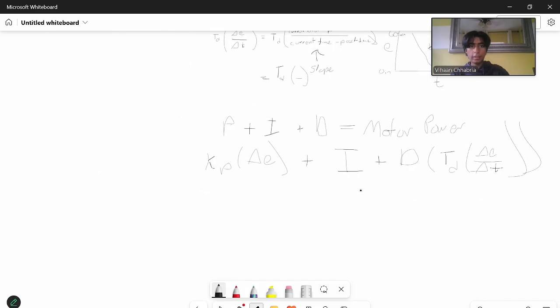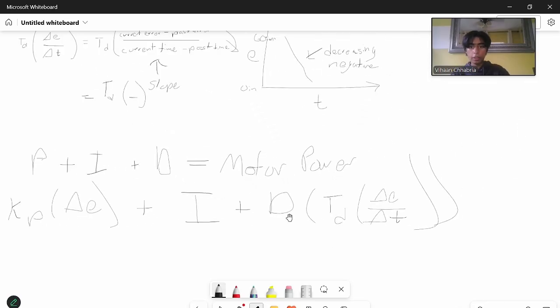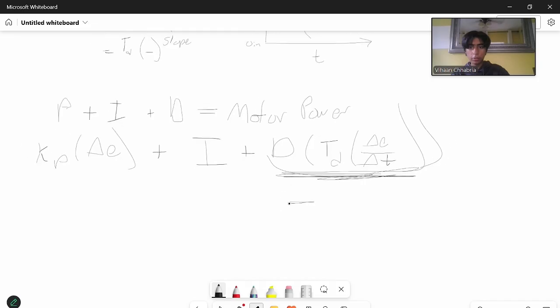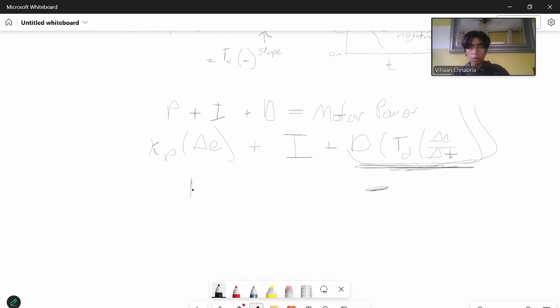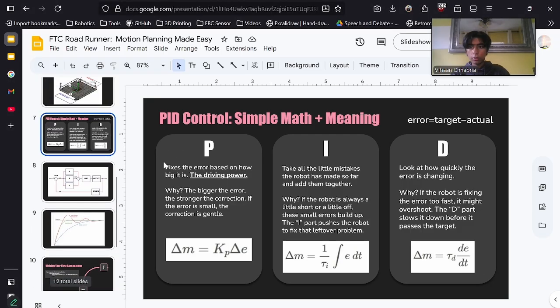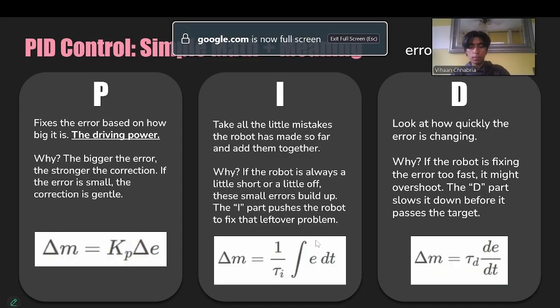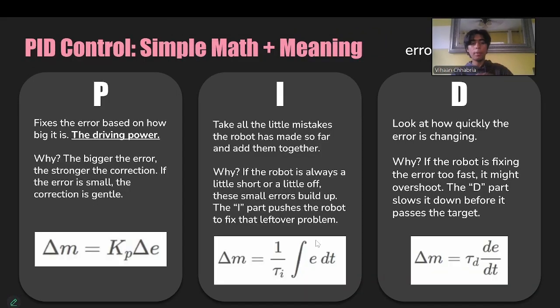All of that is being added together. So if the D, the derivative equation, is negative, and this is positive, it's going to reduce the effects of it. That's how the dampening effect is being created.